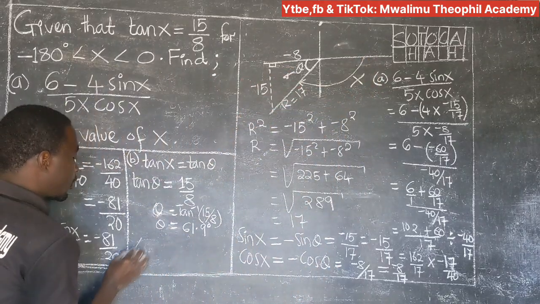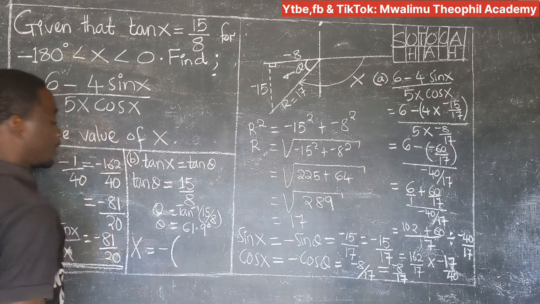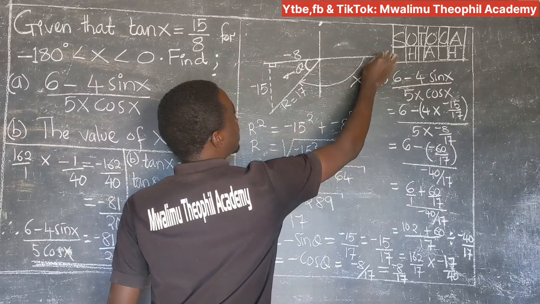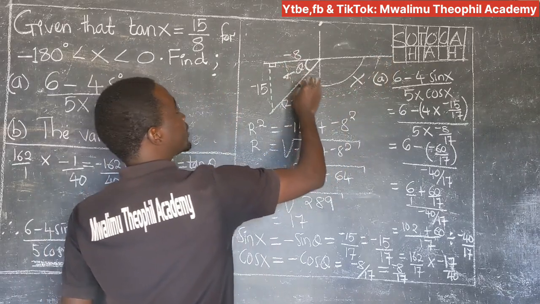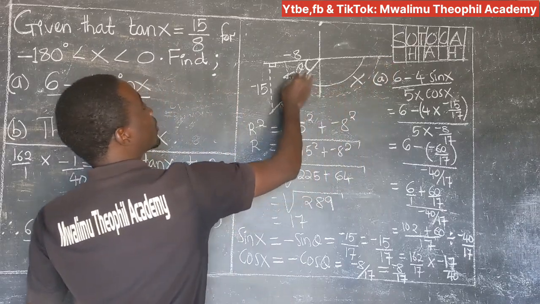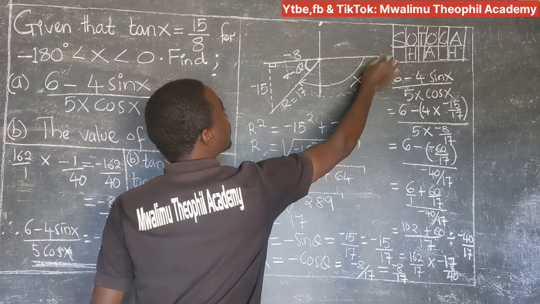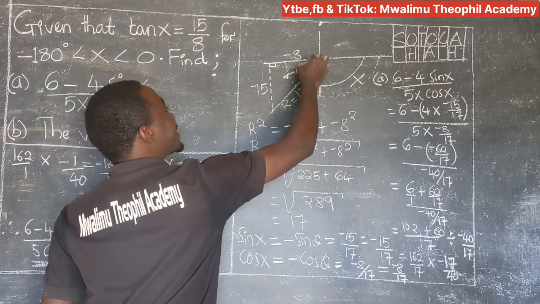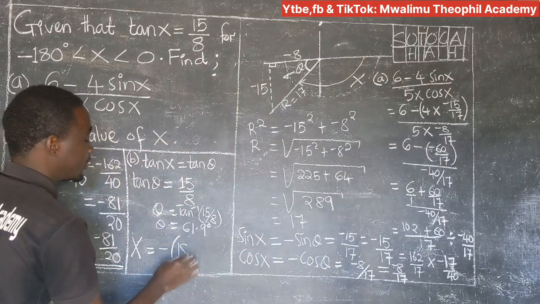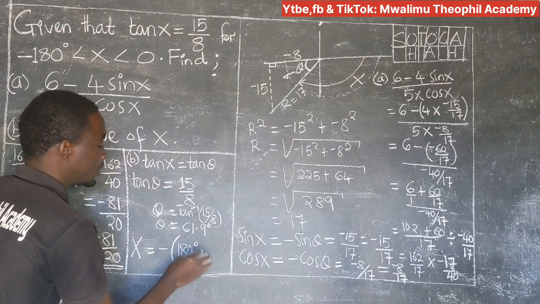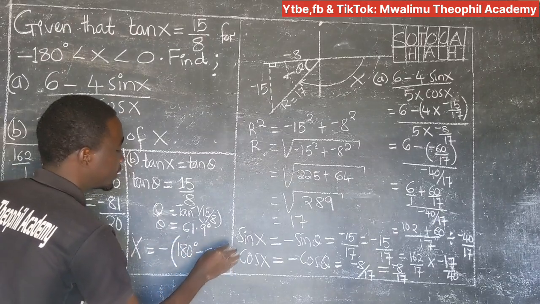So angle x now will be equal to negative of, when you look well in this figure, you may find that from here up to here, it is a semicircle whose degree measure is 180. Now, to get this x, you have to take 180 minus theta to remain with this one. Now our x will be equal to 180 degrees minus theta, which is 61.9 degrees.